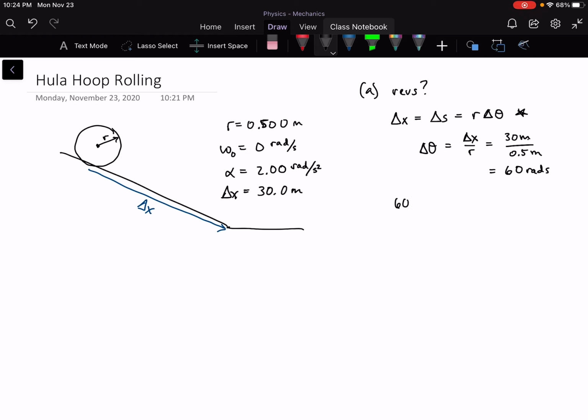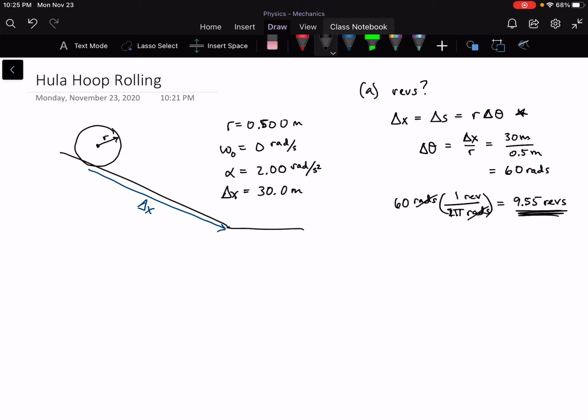So in other words, 60 rads, with 2 pi rads down here and 1 rev up here for the conversion factor, and that'll cancel rads and give us revs. If you do that, you will get 9.55 revolutions of the hula hoop to cover 30 meters.